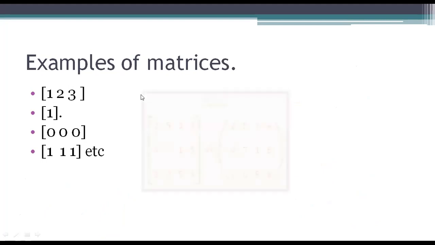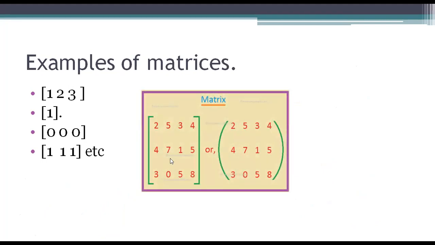Next, see, this is the matrix form. We can write a matrix in this form or in this form. It is your wish to write this bracket or this parenthesis. This is also a matrix, and this is also one way to write a matrix. These are the rows of this matrix, and these are the columns of this matrix, and this matrix has 3 rows and 4 columns.